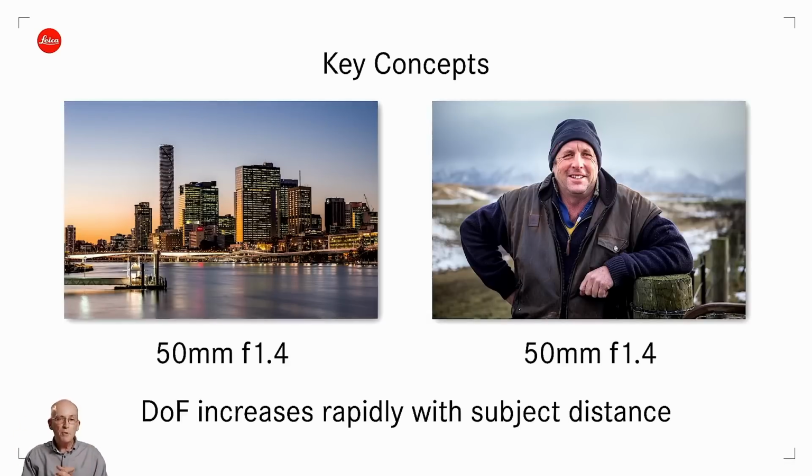Okay, so depth of field increases rapidly with subject distance, and I mean rapidly, very, very rapidly. So when you want to do these limited depth of field effects, regardless of gear and lenses, it only really works when you're close to your subject. And the extension of that is it works against you when you're really, really close to your subject, like you're doing macro work.